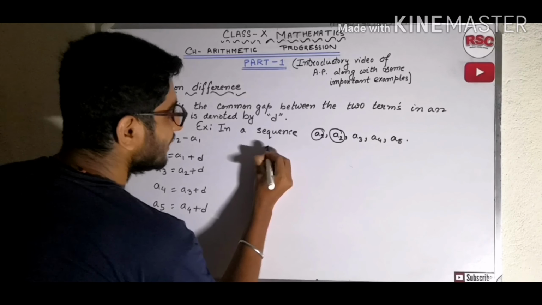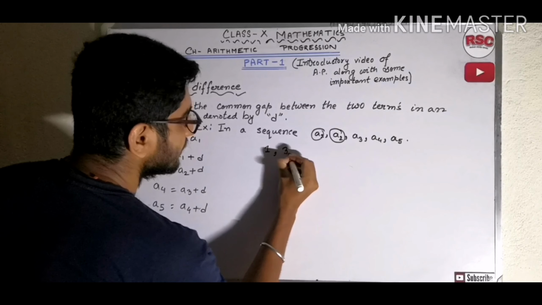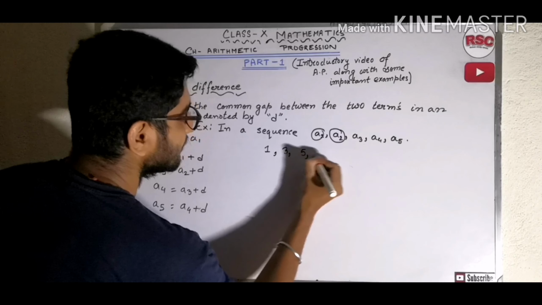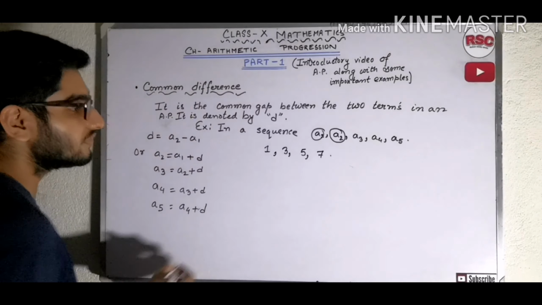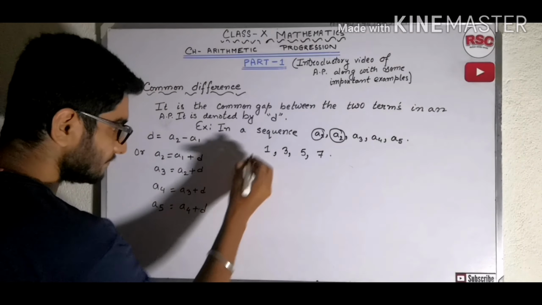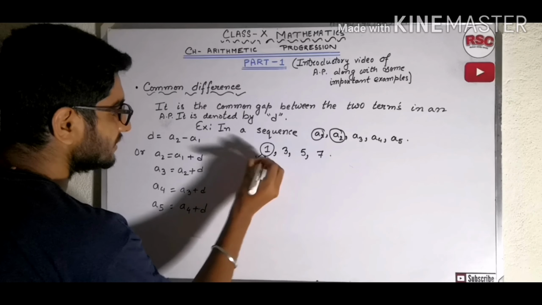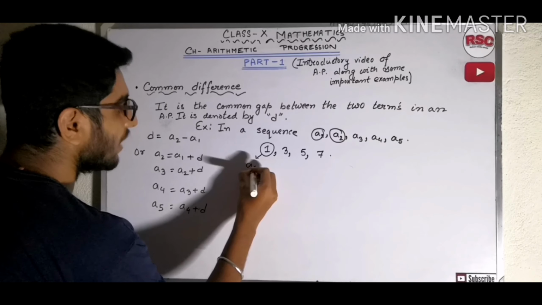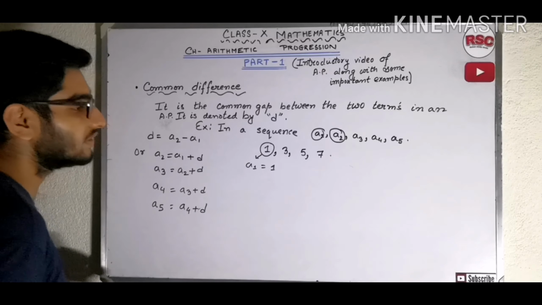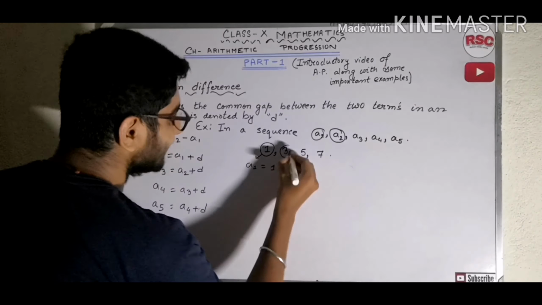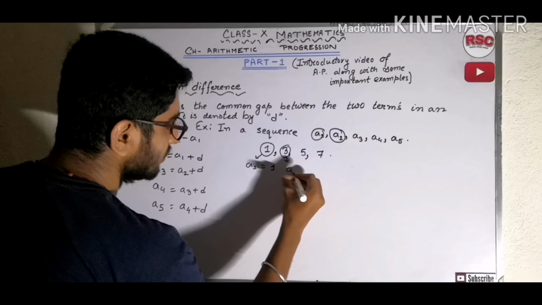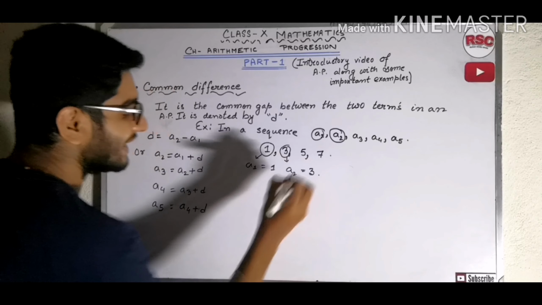Let us take 1, 3, 5 and 7. So over here A1 is the first term, which is 1. And what is A2? This one is A2, so A2 will be 3 in that case.